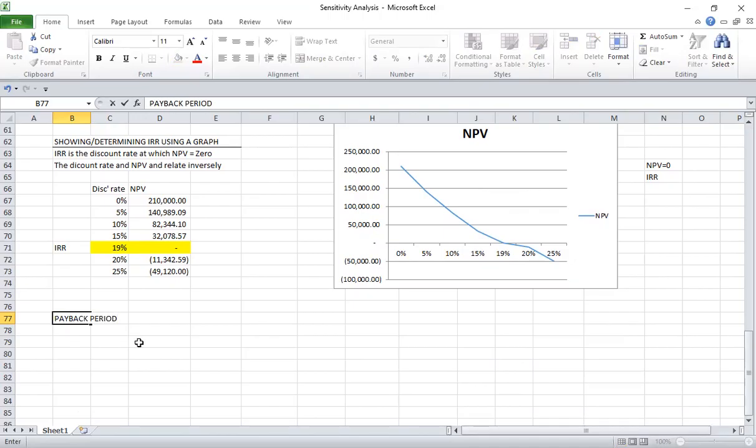The payback period, which we can abbreviate as PBP. And then also, very shortly, we shall look at what we call the profitability index. And what is a payback period?